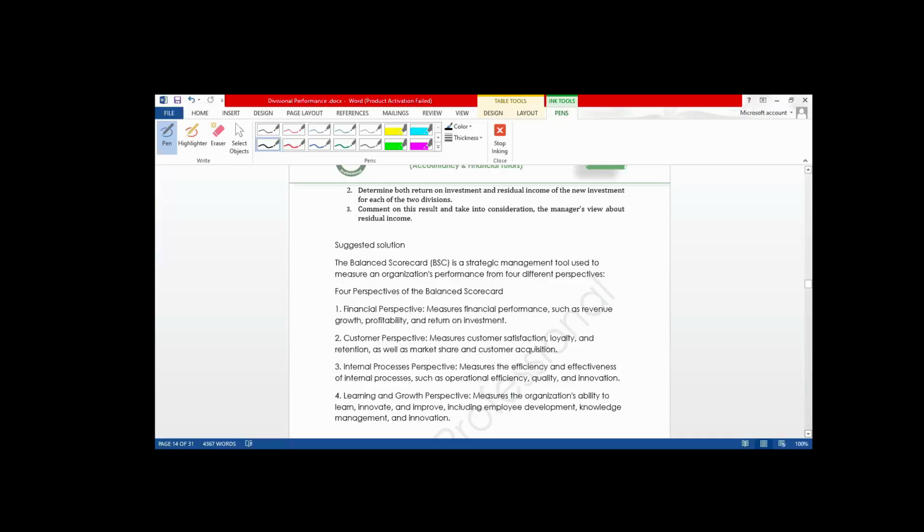This measures the efficiency and effectiveness of our internal processes, such as operational efficiency.